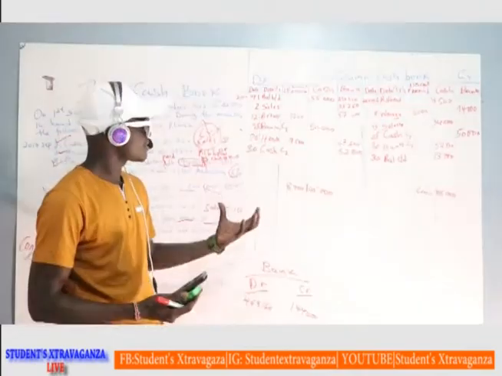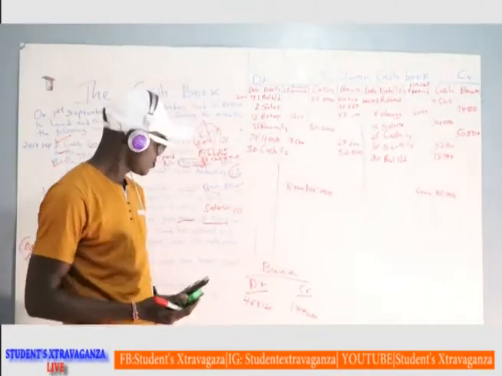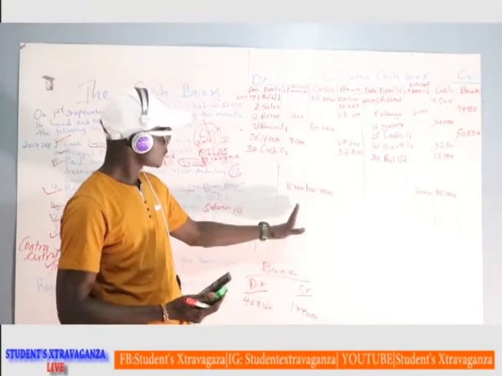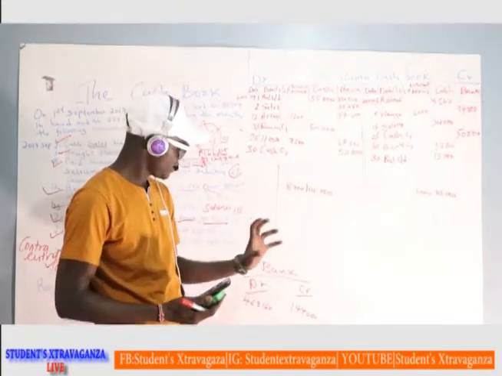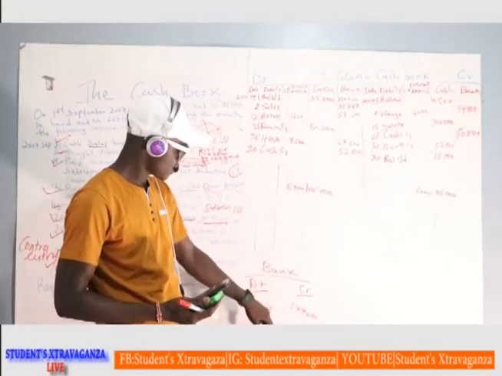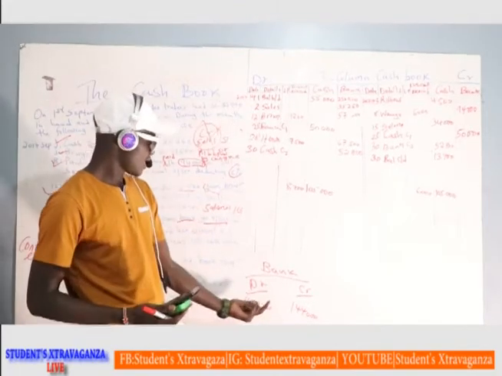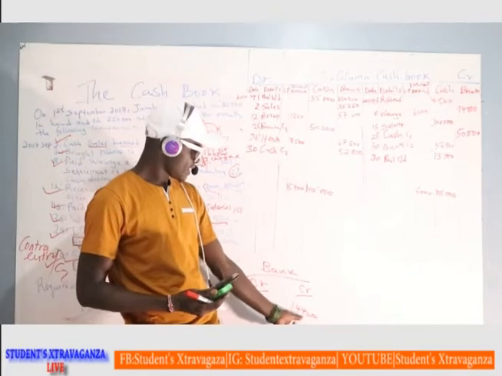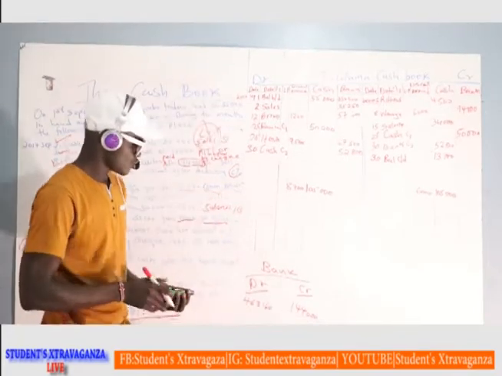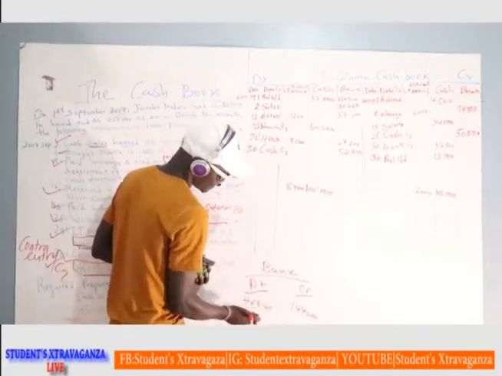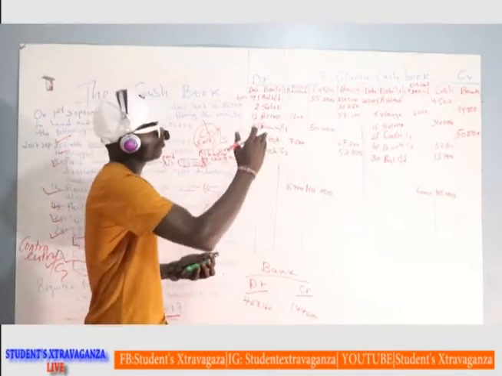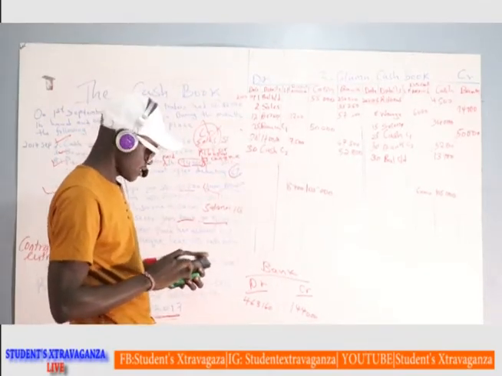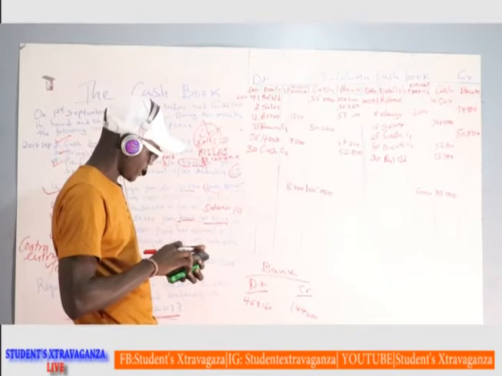We want to balance the bank account, the bank column, so both CR and DR should be 463,160. So the balancing figure is automatically on the credit side. The difference here will be our balancing figure on the CR side of the bank account.